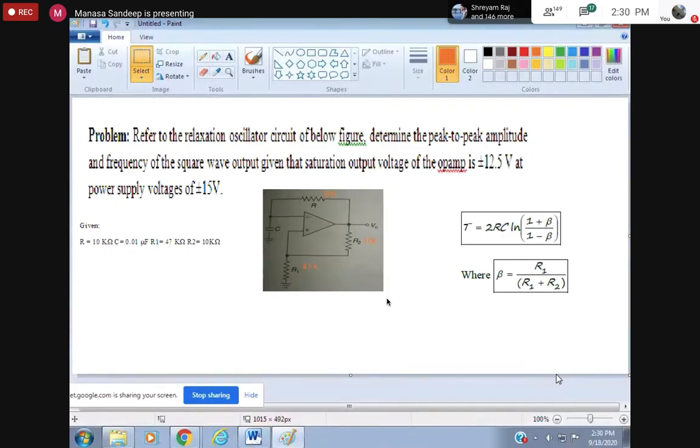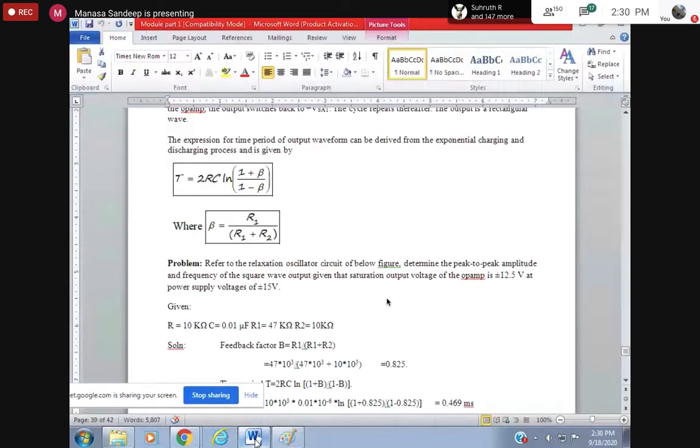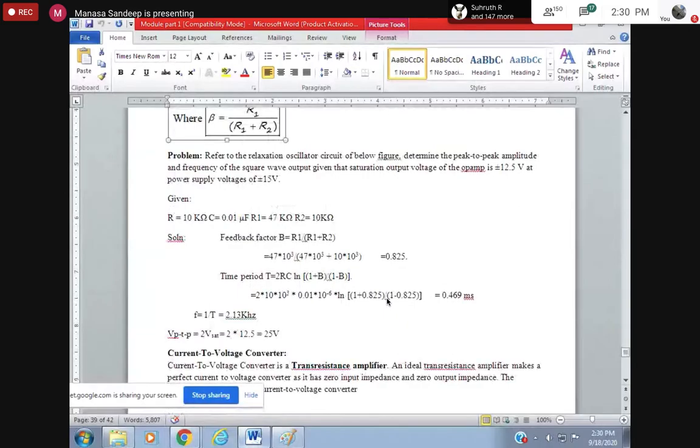Next, you calculate the time period: T is equal to 2RC natural logarithm of 1 plus beta divided by 1 minus beta. They have asked to determine the peak to peak amplitude and frequency. Once you get T, you can easily calculate F, because F is nothing but 1 divided by T. Correct?